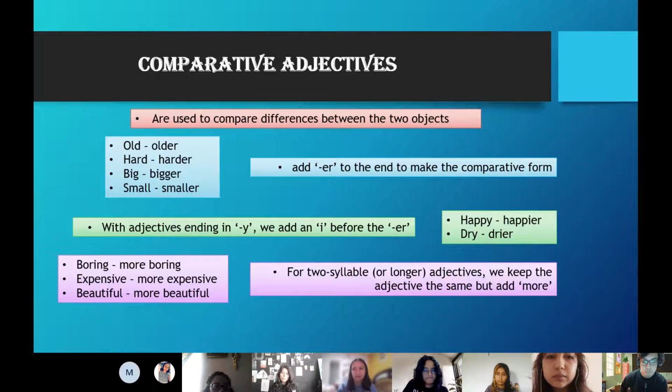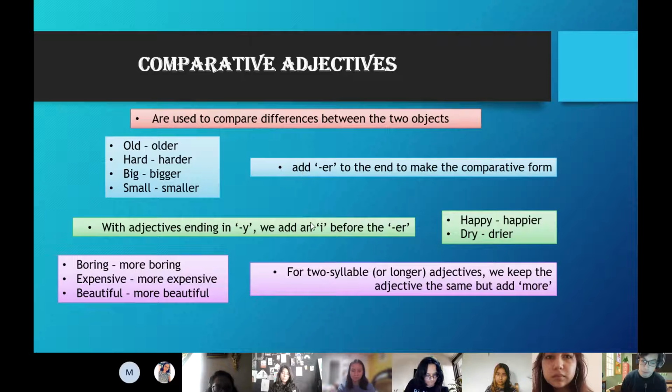With adjectives ending in Y, creo que es, no recuerdo, we add A before ER. Here we have the first rule, right? In the blue box, we add ER to the end to make the comparative form.